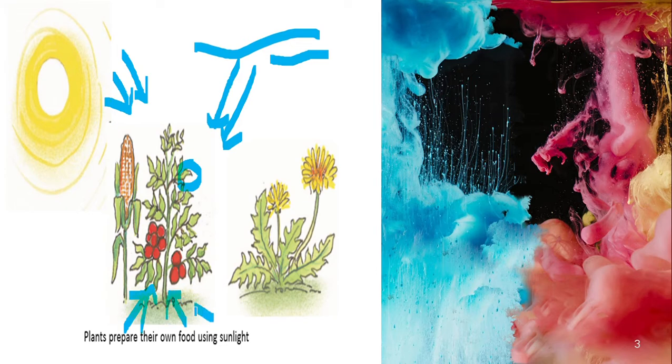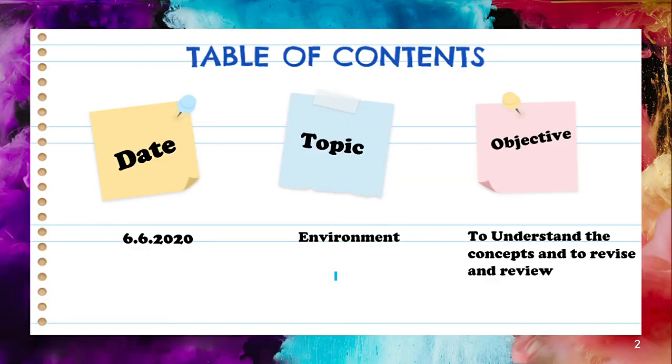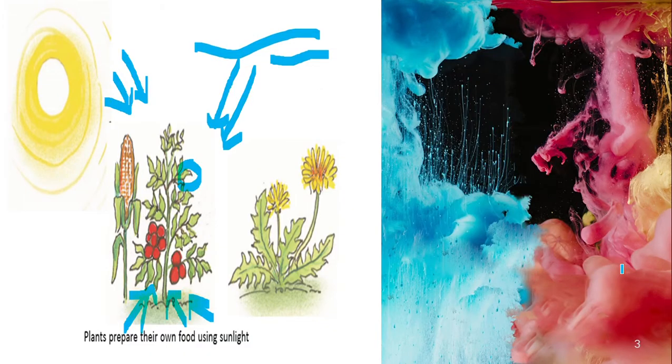And after taking all of this, they undergo a process in the leaves and produce oxygen and food. Food is in the form of carbohydrates or starch. So we are done with the chapter that we did lastly.